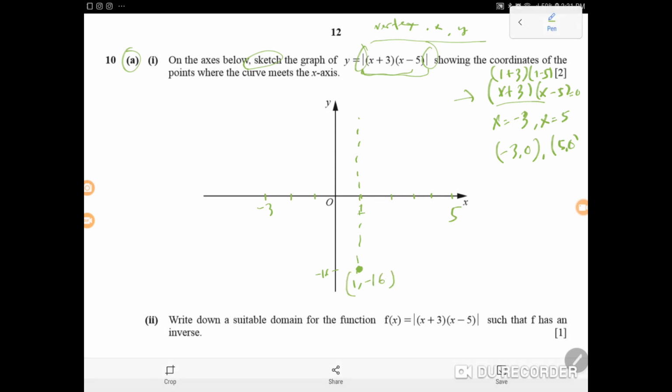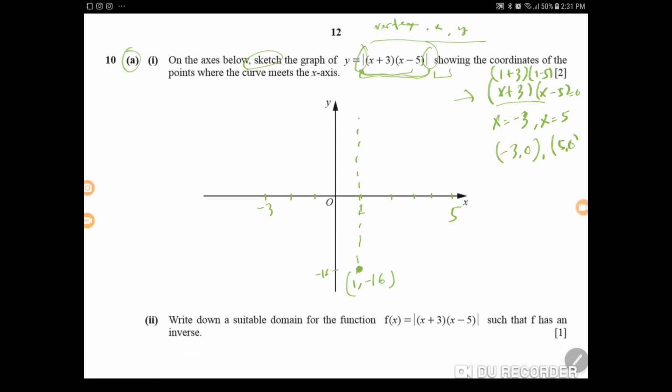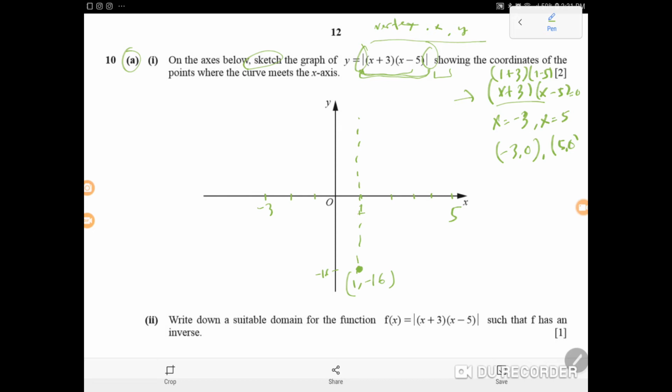If they ask you to directly sketch a quadratic, you may sketch it in this way. However, now it is the moment to think about absolute functions. Since this is an absolute function and there is no value after the absolute symbol itself, you can consider it as a flip.